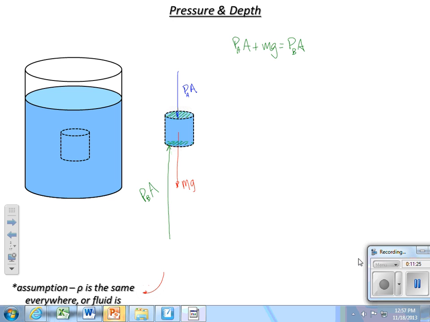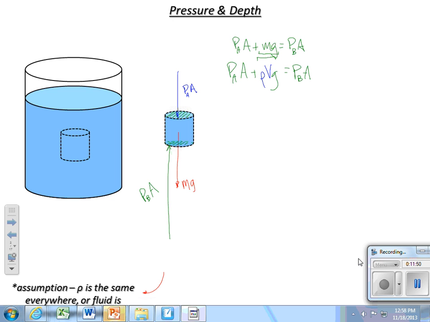Now you'll remember this, pressure times area. Notice, or remember, I'm going to write mass as rho v. Actually, hopefully you remember this. The weight of the fluid, rho v g, remember that? Is pressure below times area.